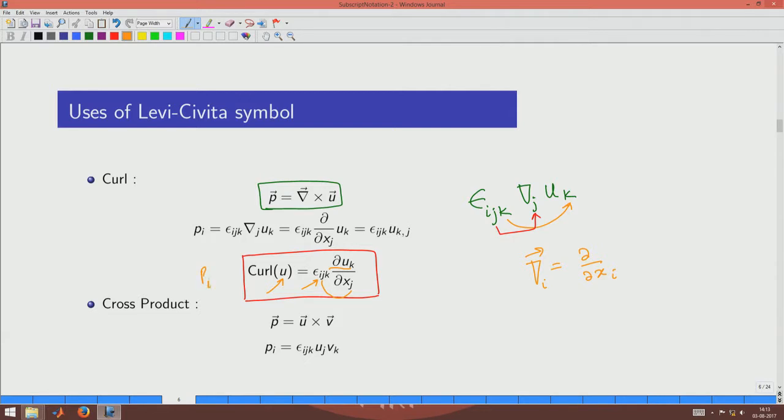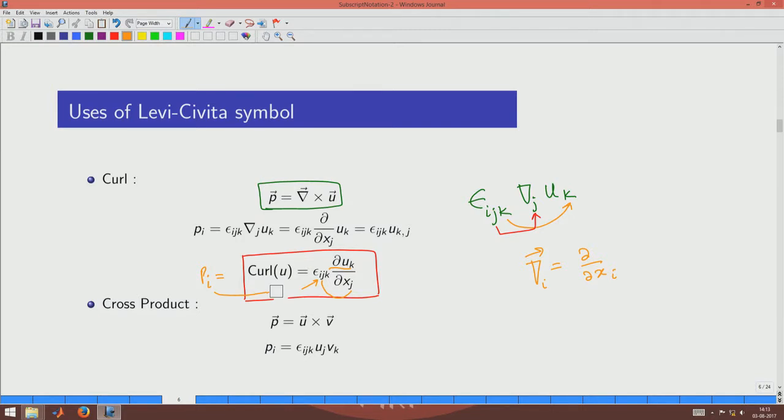So, p of i is equal to, so this index has to be shown such that we do not have a violation of the subscript notation rule, the last rule which says that the free subscript should be matching on both ends. Okay, so, cross product and the curl operator are to be treated in a very similar manner. The way you write a cross product is very similar.